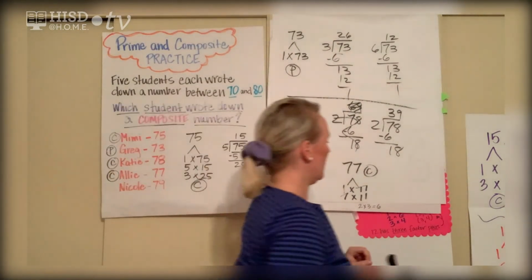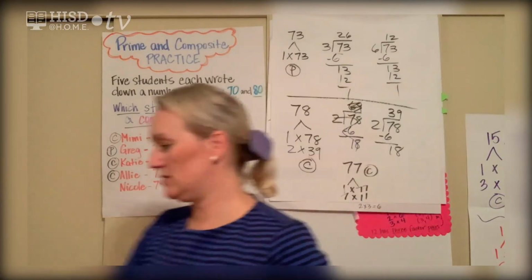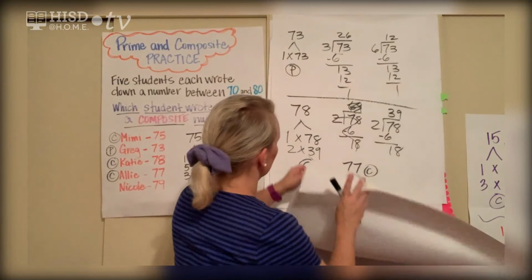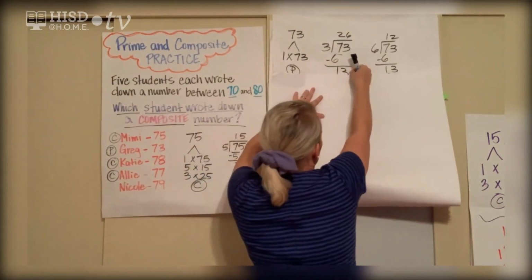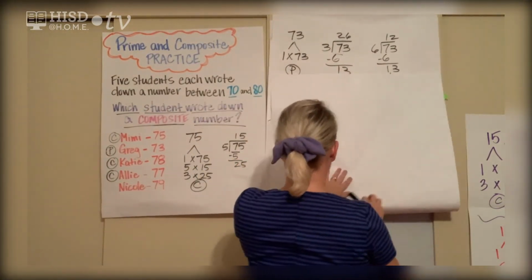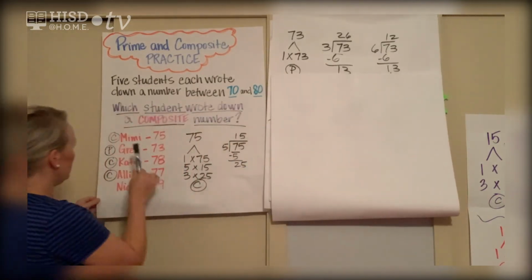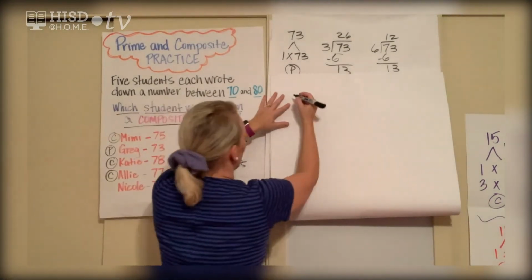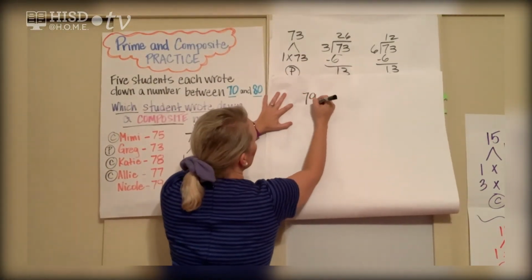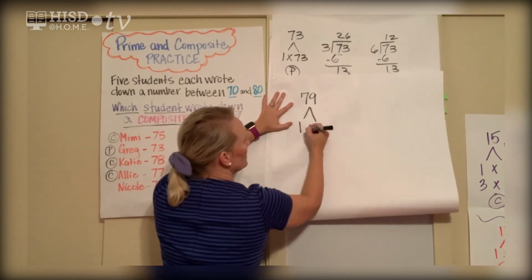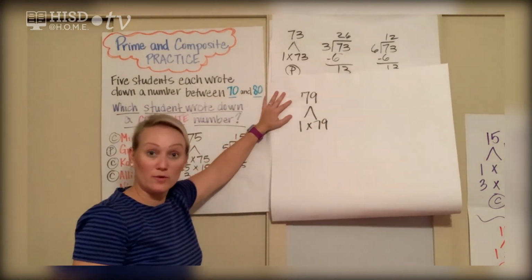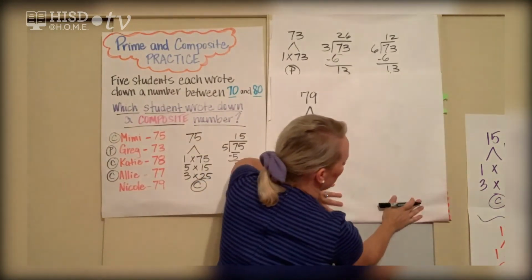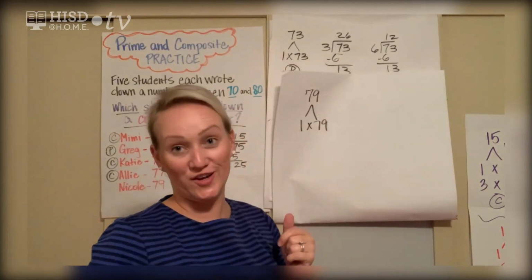Cool. All right, last but not least, I'm going to use the bottom of this sheet of paper to do our last one. The last test. We've tried Mimi, Greg, Katie, Allie, and now I'm trying Nicole. So far, I only have 1 prime number. So Nicole's number was 79. So as usual, 1 times itself, and these are the bigger numbers, right? So what about 2? I definitely cannot use 2 because, very good, it's not even.